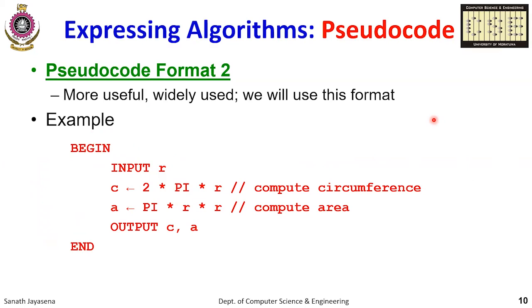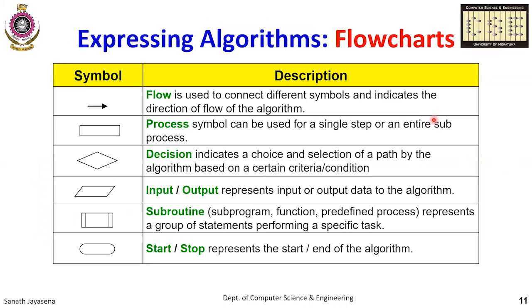Okay, so pseudocode is one way to express algorithms. Here's another way, that is to use flowcharts. Flowcharts are a way to draw diagrams to express algorithms. And there are some standard symbols, the ones most commonly used and useful for the problems that we discuss in this semester. These symbols are good enough.